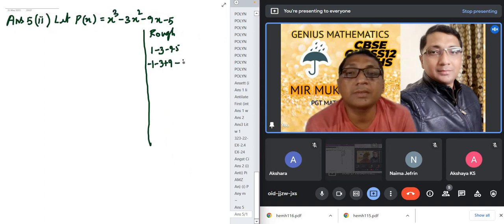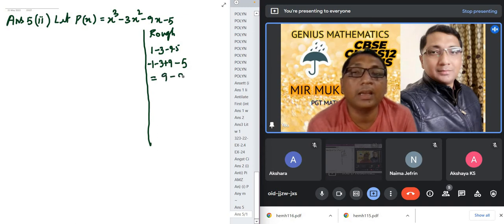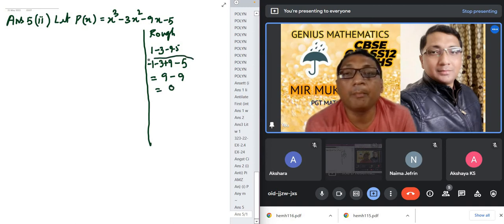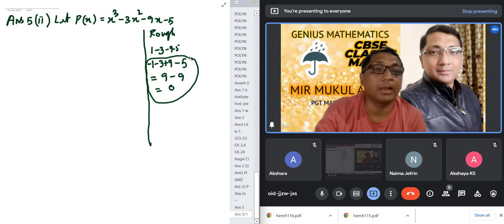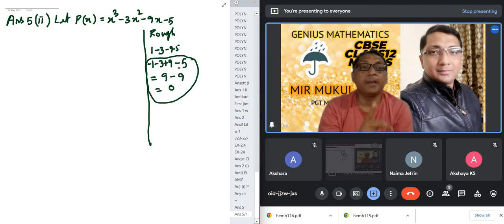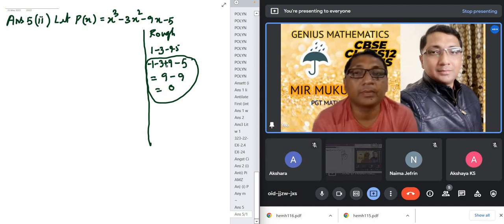So what we are getting here, 9. Our total negative is also 9. That means we are getting 0. So putting -1 we are getting 0. We have to decide either putting 1 or -1, 2 or -2. When it gives 0, that means one factor we can decide.